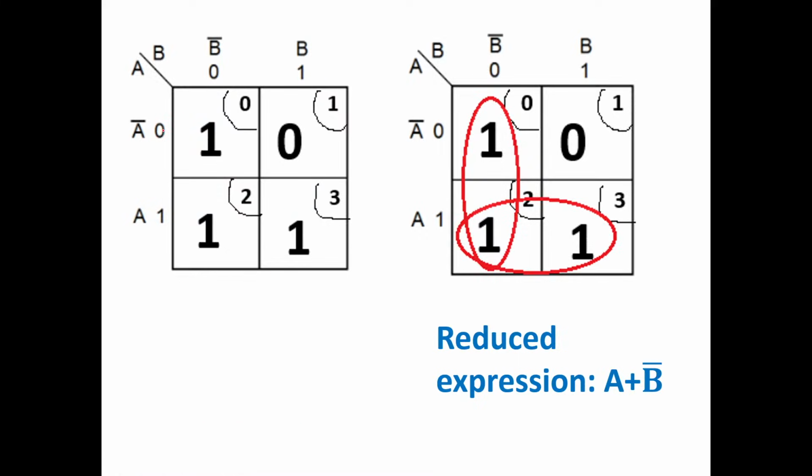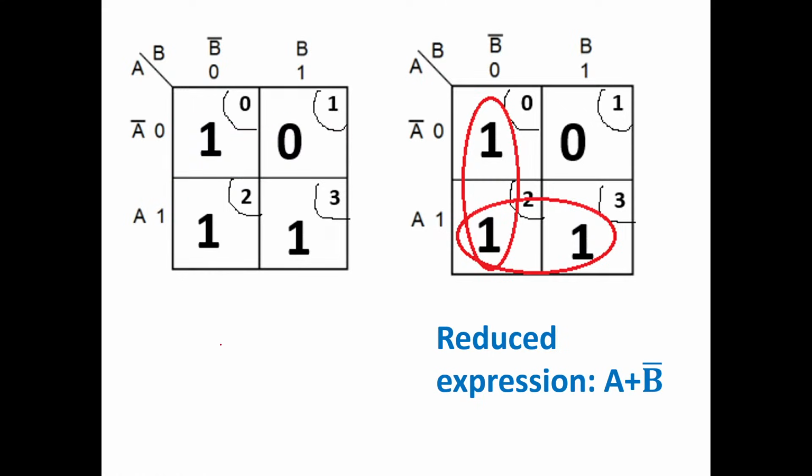So 0, 0, write 1. Next term is 1, 0, write 1. Next term is 1, 1, write 1 here. Now, if nothing is there, you can write 0. Here nothing is there, so you can write 0 there.